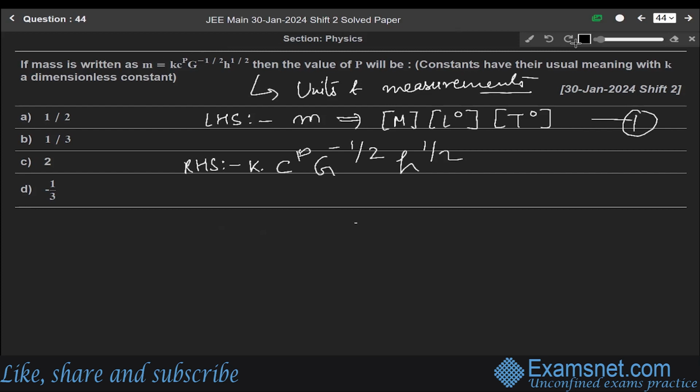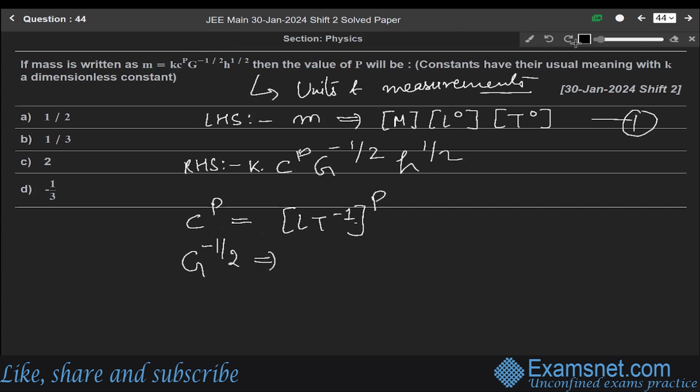C is the speed, so its dimensions are LT minus 1. So we write C raised to the power p as LT minus 1 whole raised to p.